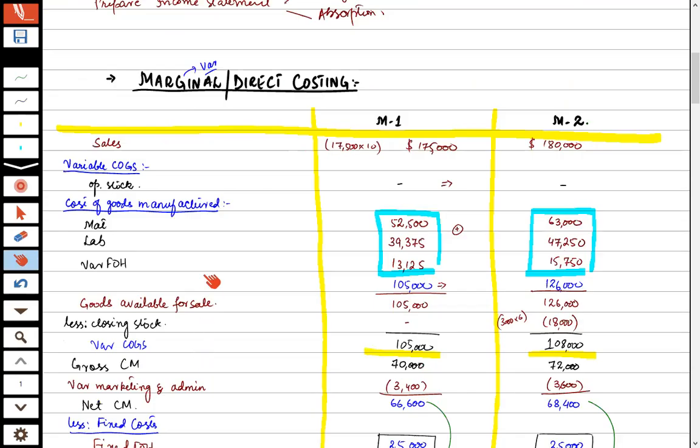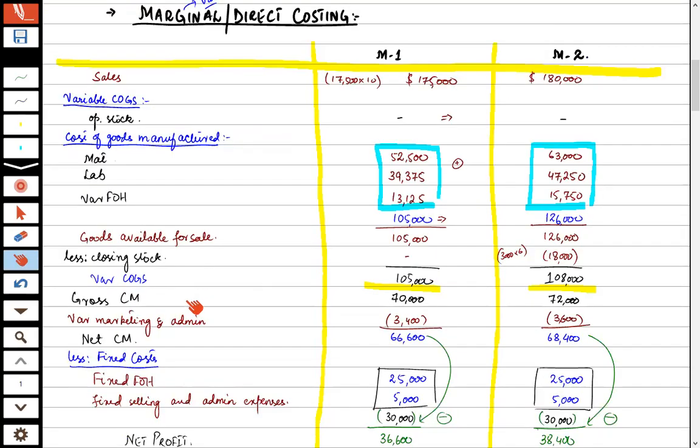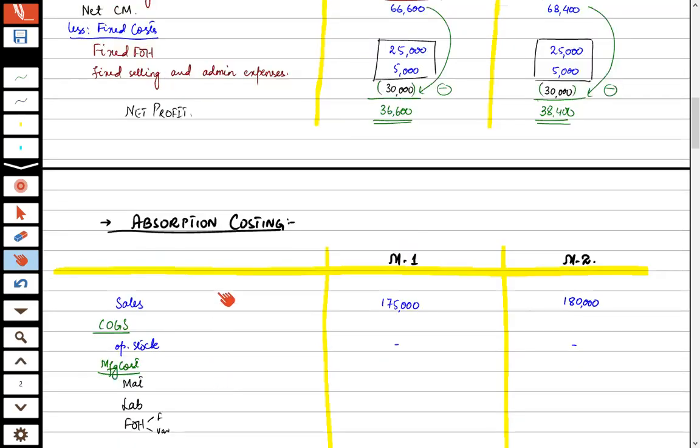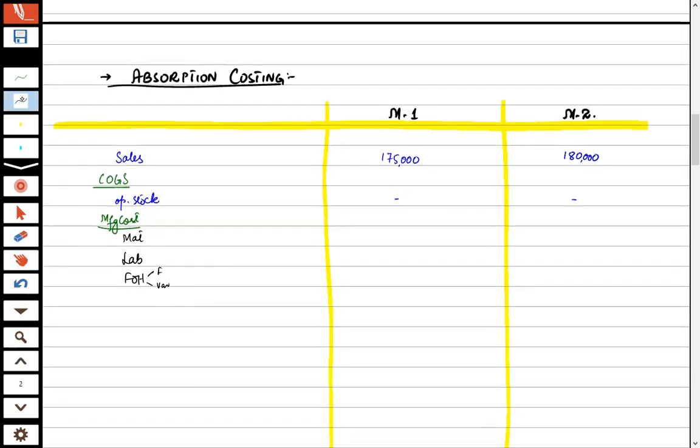That would also be an acceptable presentation. There will be no issue with that. So if we write separately, material would be 17,500 into 3, that is 52,500. Labor 17,500 into 2.25, 39,375.